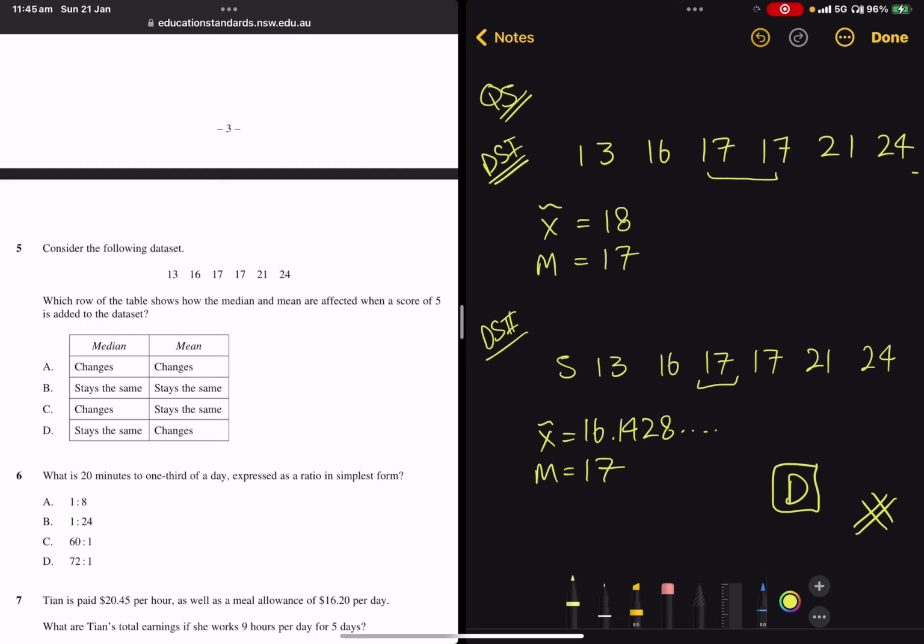So if you have 1, 2, 3 and you add an extra 1, the mean of 1, 1, 2, 3 is lower than the mean of 1, 2, 3. If you have a data set 1, 2, 3 and then you add an extra score, 10, the mean of 1, 2, 3, 10 is higher than the mean of 1, 2, 3. Right? Whenever you add an extra data point which is higher or lower than the mean of an existing data set, it changes the mean in that direction.